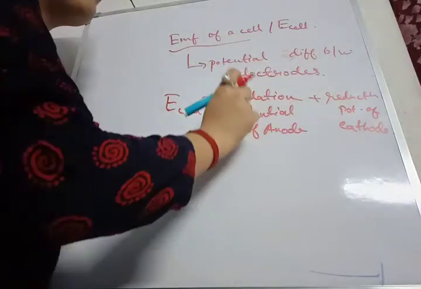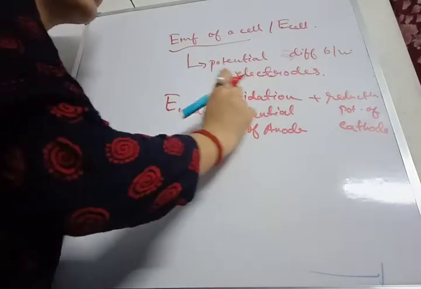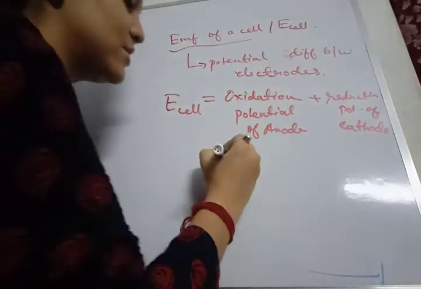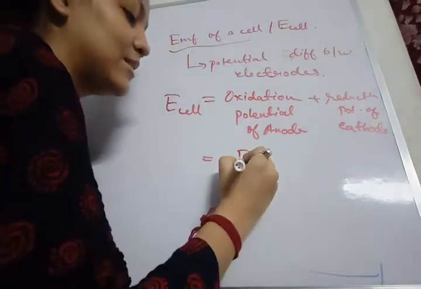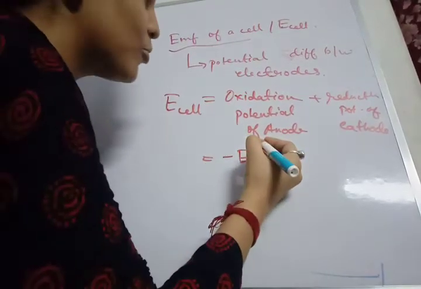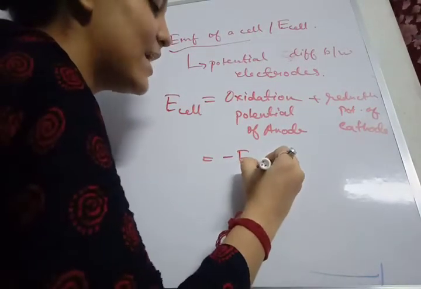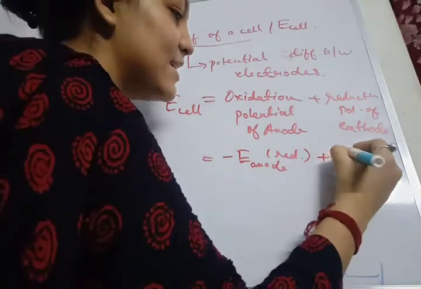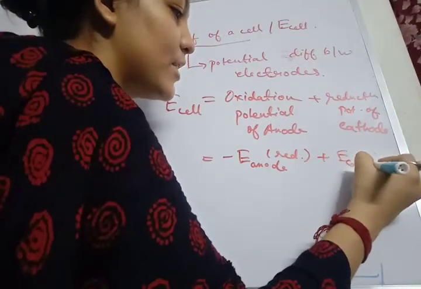So we know, as per modern convention, oxidation potentials are represented in terms of reduction potentials. So we can write by changing the sign to the opposite. So E anode, this is reduction potential, plus E cathode, this is also your reduction potential.